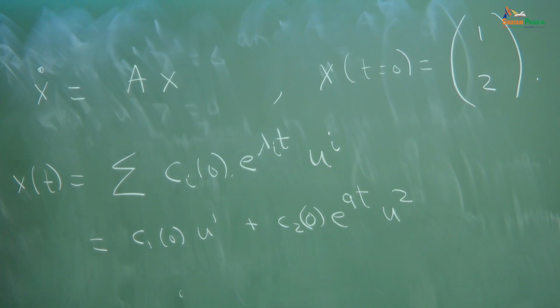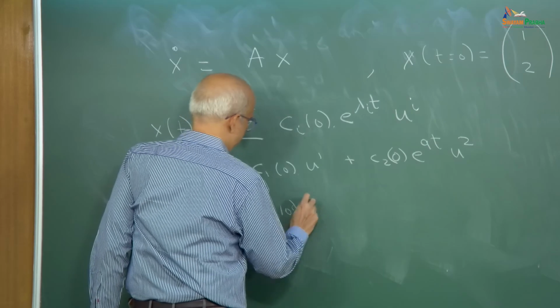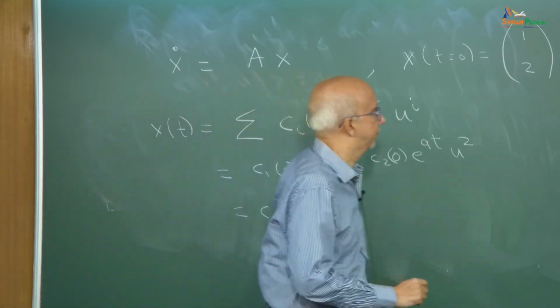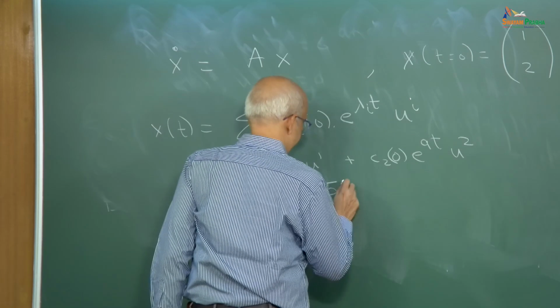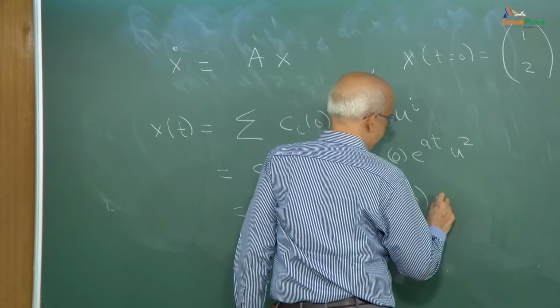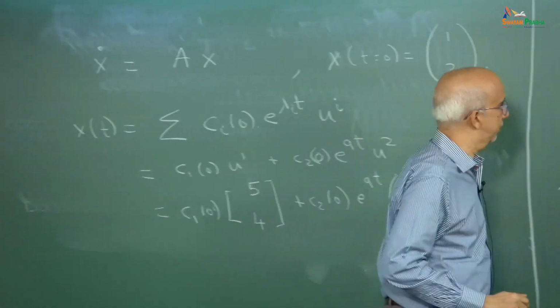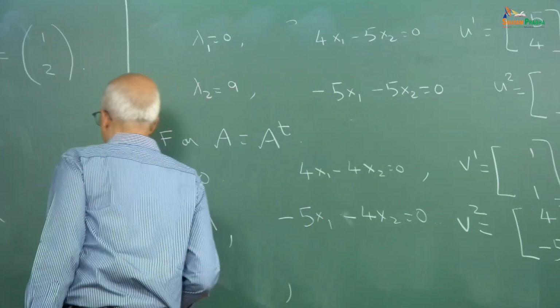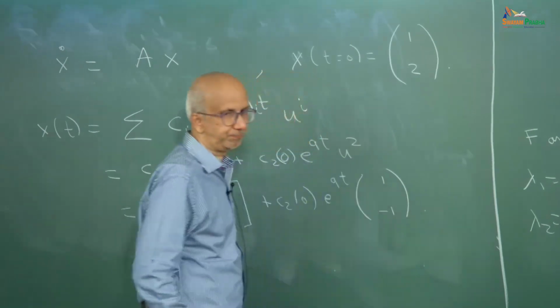What is u1? 5 4, and C2 of 0 is for u2, 1 minus 1.